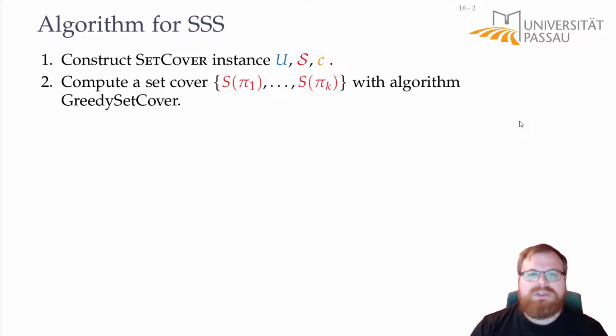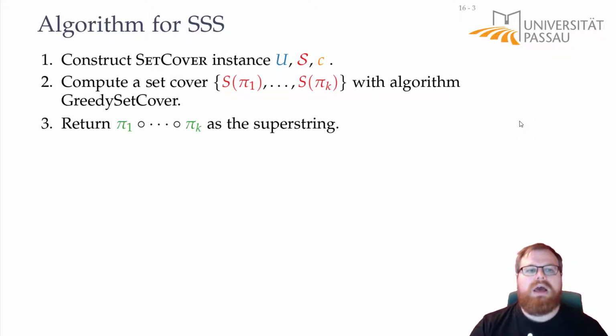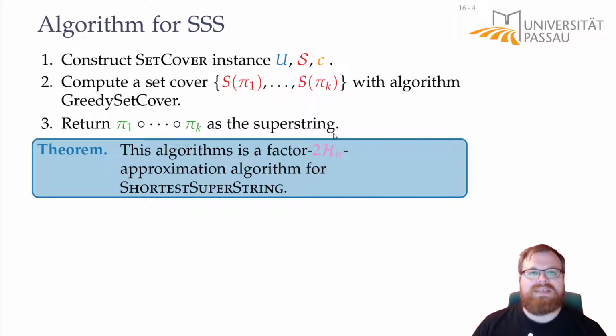We compute some set cover for this with our greedy algorithm. And from that, we again construct our superstring pi1 to pik. And this algorithm is a factor 2 times the harmonic function of n approximation algorithm. So this basically tells us shortest superstring is at most twice as hard as set cover.